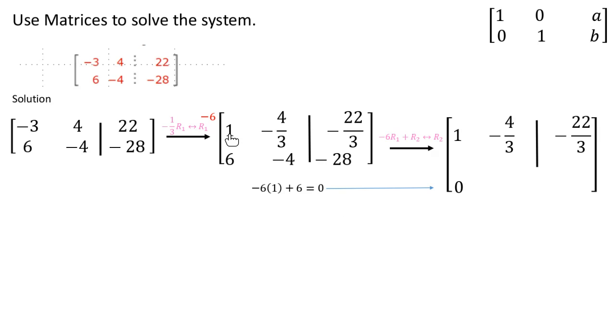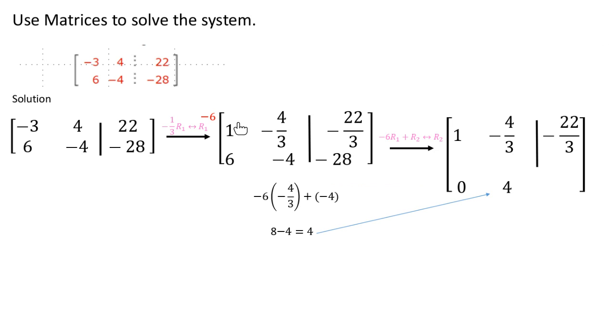Negative 6 times 1 plus 6 gives me 0, so that's going to go here. And then negative 6 times negative 4/3 plus negative 4: negative 6 times negative 4/3 gives me a positive 8, plus the negative 4 gives me a 4.